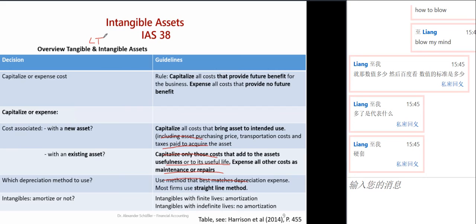So no future benefit, not capitalizing, not putting it on the balance sheet. If they provide future economic benefits, if they make an asset more valuable, then you generally are allowed to capitalize it.